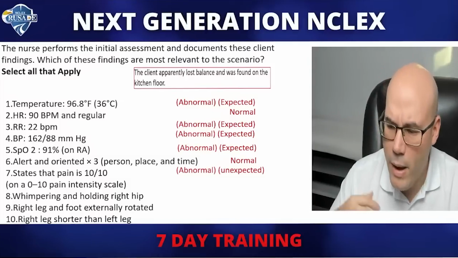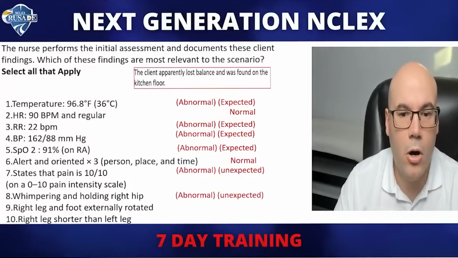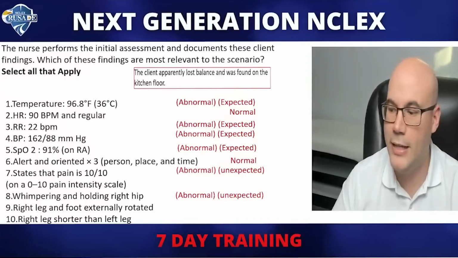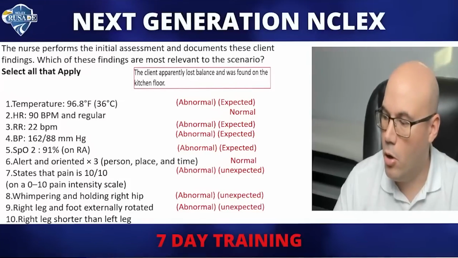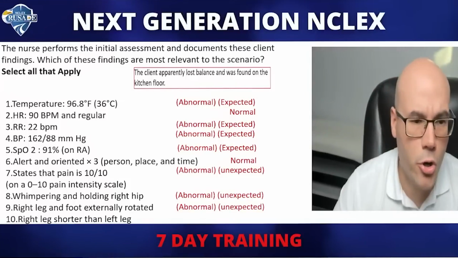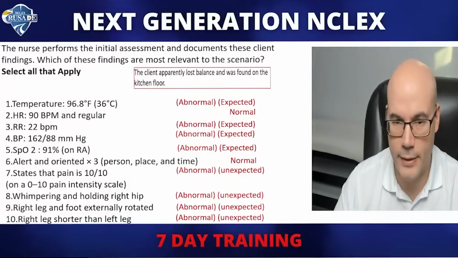Number 8, whimpering and holding onto the right hip, abnormal, unexpected. Number 9, right leg and foot externally rotated, abnormal, unexpected. Right leg shorter than the left leg, abnormal, unexpected.